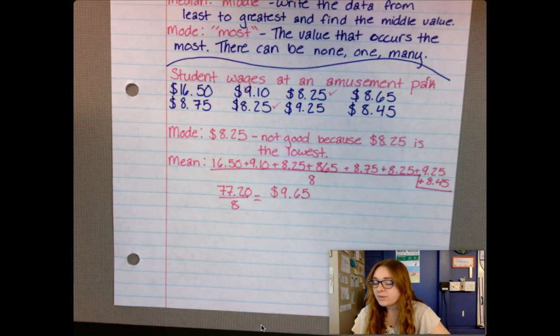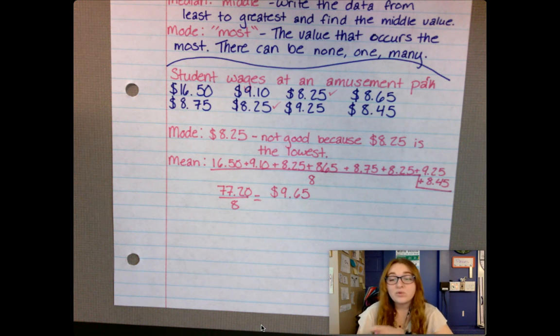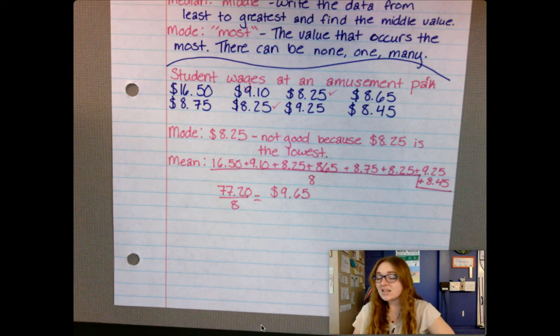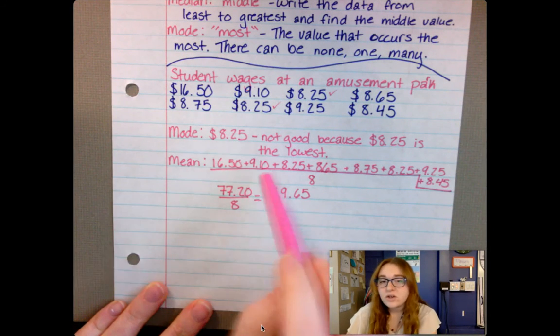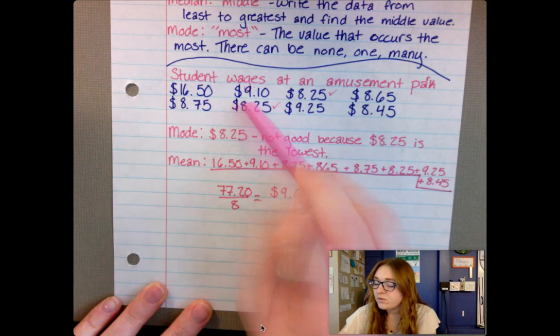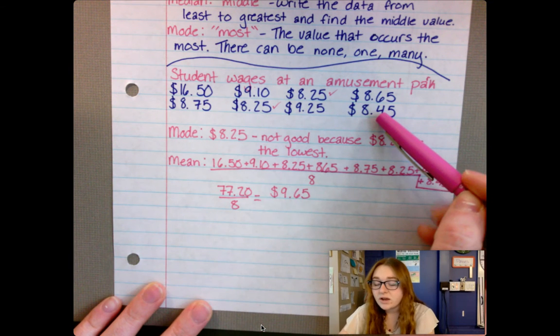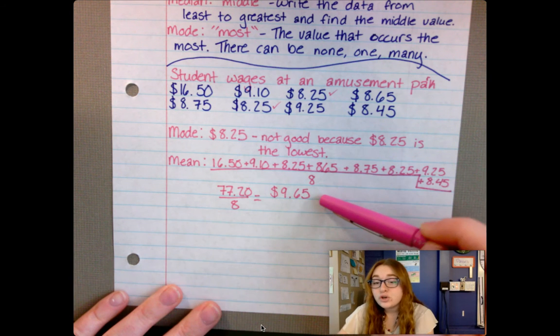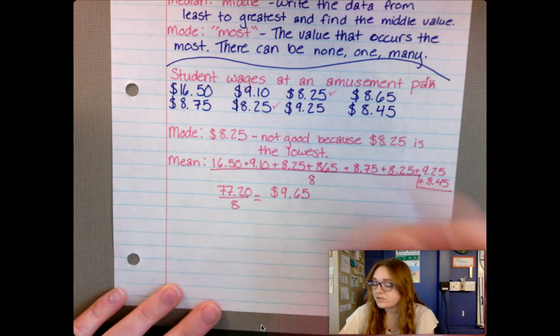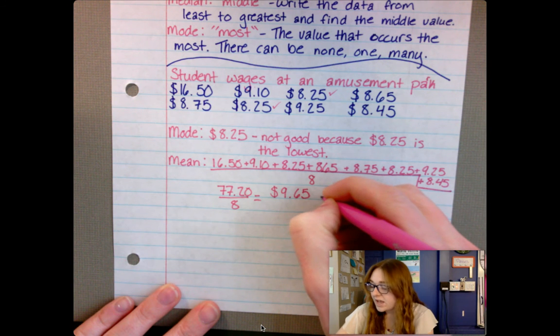If you start a job at an amusement park and I tell you that you will 100% make $9.65, does that represent the data? And again, I would say no, because 1, 2, 3, 4, 5 kiddos out of the 8 that we're looking at make $8 in some sense. So I think this is too high to be a center value. So I'm going to say not good.